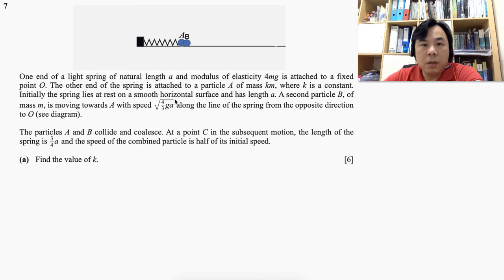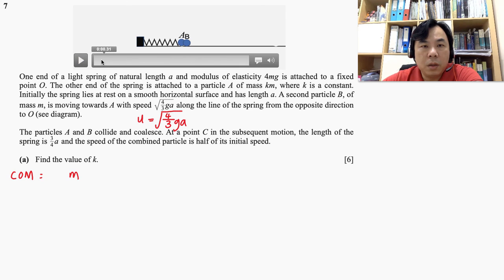Since there's a collision involved, you must remember to use conservation of momentum. So using conservation of momentum, let's use a simple symbol to represent the initial velocity of B. That is the initial velocity of B that is moving towards A. Just let me show you one more time.